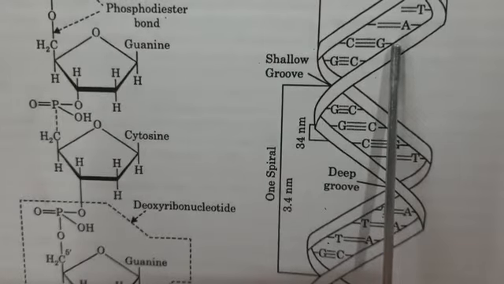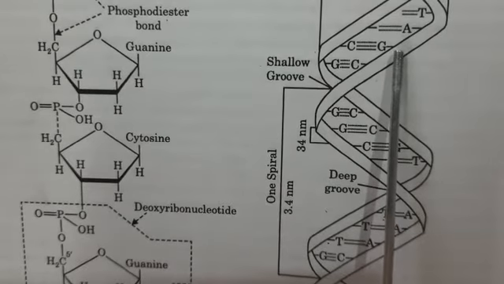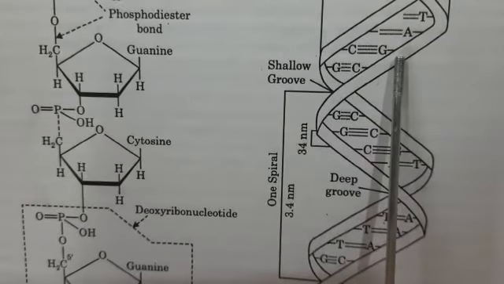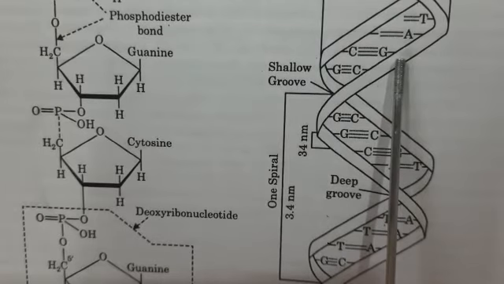forming base pairs. When we are talking about base pairs, how are they formed? They are formed by one purine and one pyrimidine.